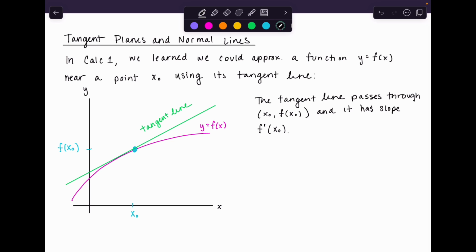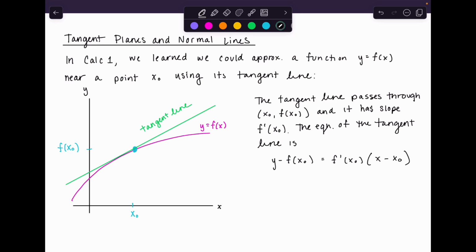Okay. So the equation of the tangent line is the following. You take y and subtract the y coordinate of the point. It equals the slope times x minus the x coordinate of the point.